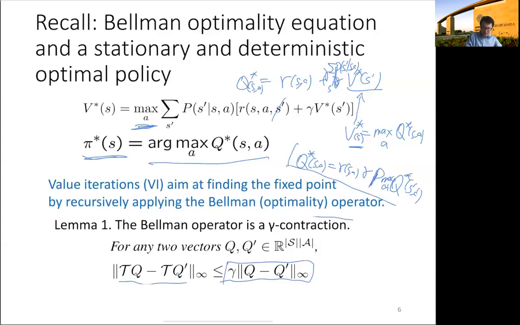Okay, so that's the Bellman optimality equation that depends only on Q star, right?